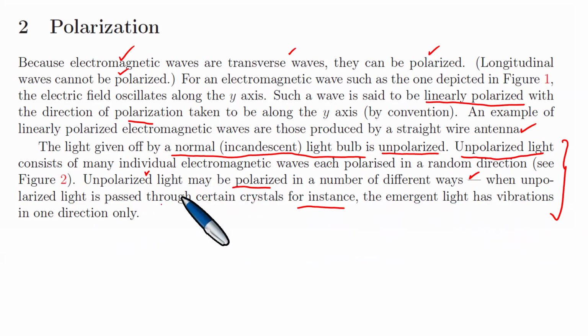We shall look at the figure just now. But unpolarized light may be polarized in a number of different ways. When unpolarized light is passed through certain crystals, for instance, the emergent light has vibrations in one direction only. So there are many different ways you can take unpolarized light and begin to polarize it.